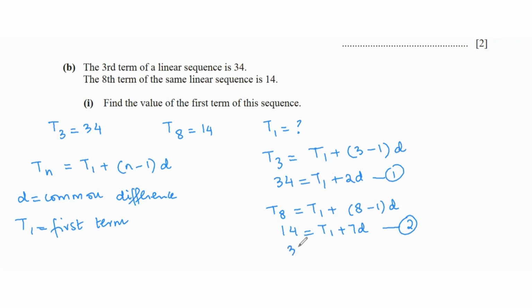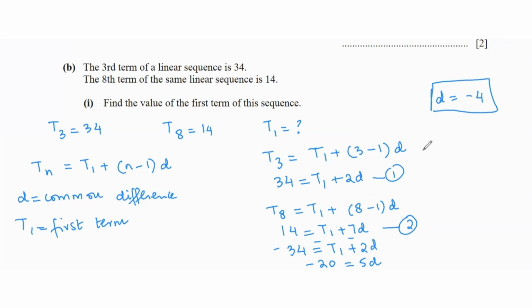So 34 equals T1 plus 2D. If we subtract the two equations, we get negative 20 equals 5D. So D would be negative 4. Now substitute that in either of the equations, equation 1 or equation 2.